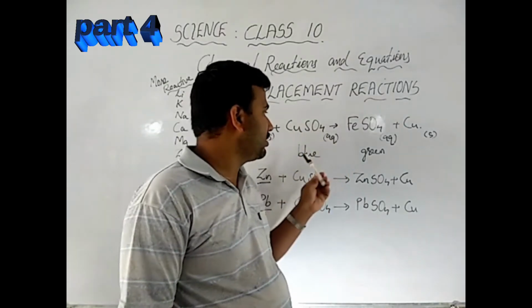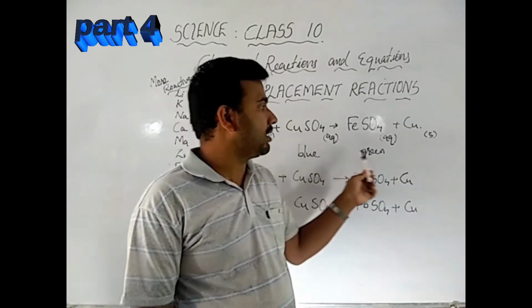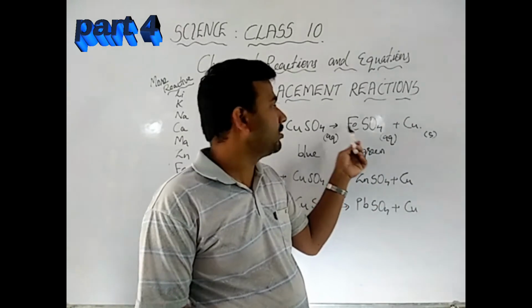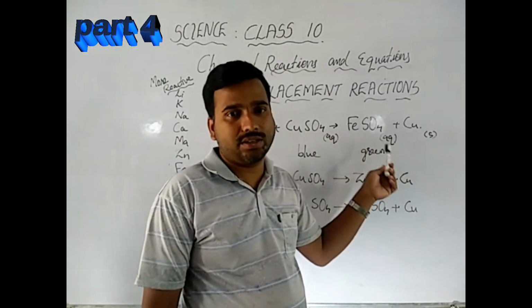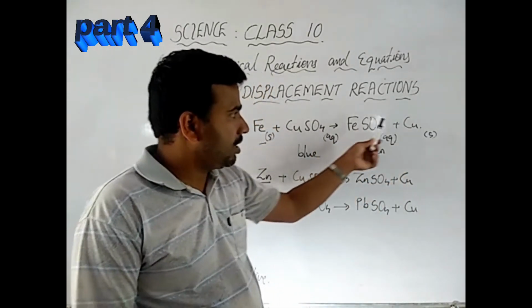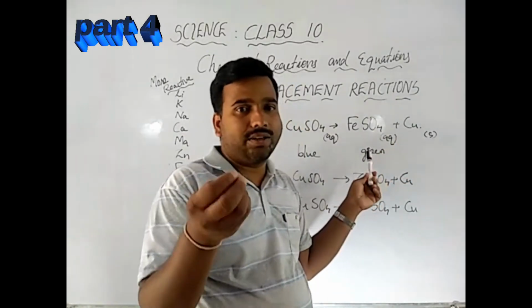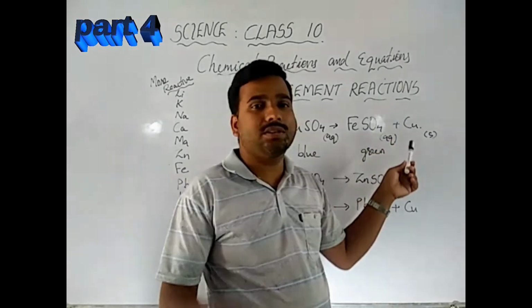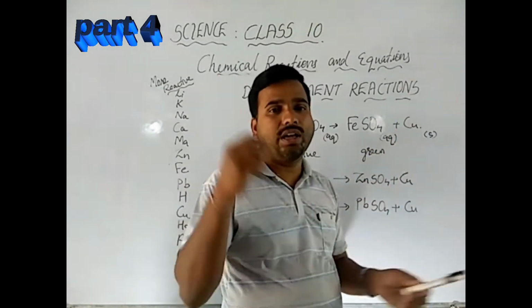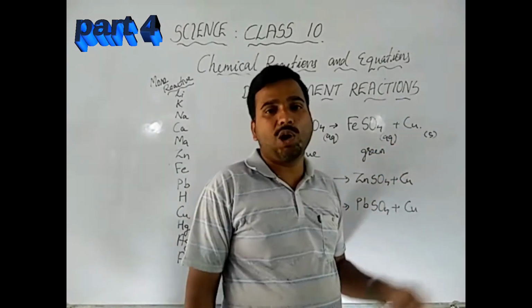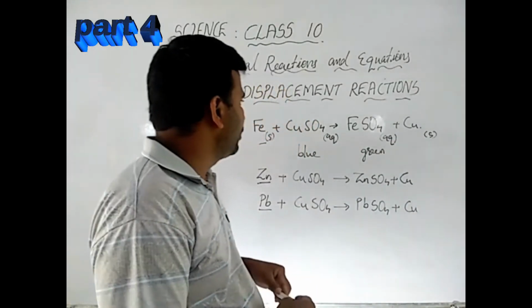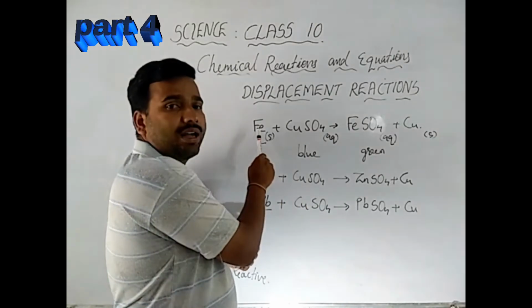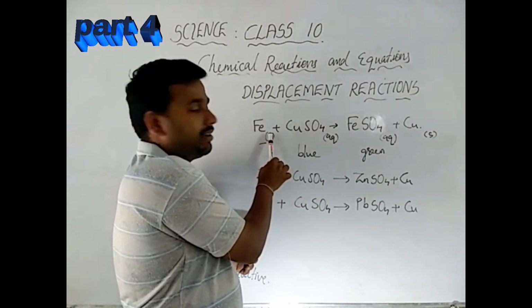We will notice that the blue color of the solution turns to light green. This is as a result of the formation of ferrous sulfate, FeSO4. And you can see that if you place an iron nail into the copper sulfate solution, the iron nail gets coated with a brownish layer of copper over its surface. This is happening because of the high reactivity of iron.